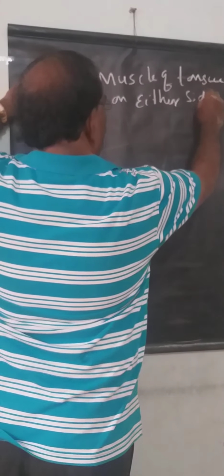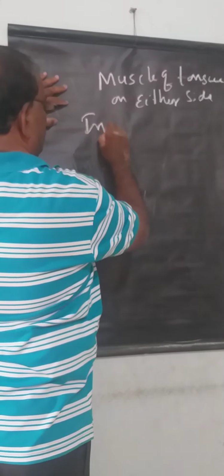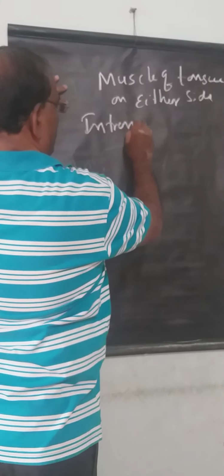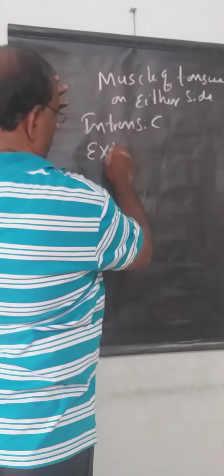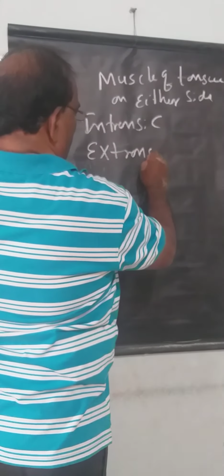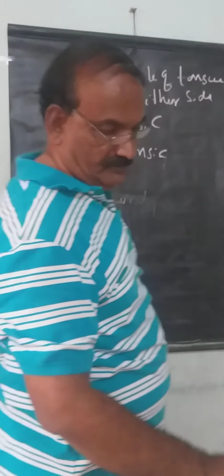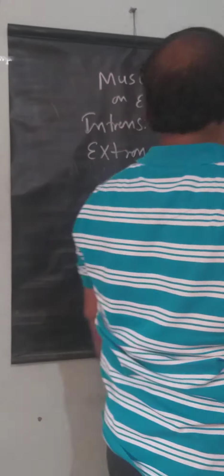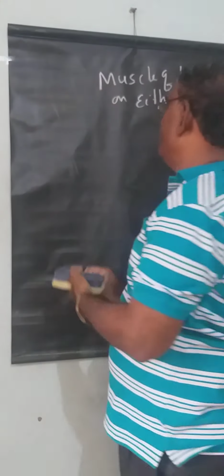They are the intrinsic and extrinsic. Intrinsic muscles are present inside the tongue, in the substance of the tongue, and they maintain the shape of the tongue.